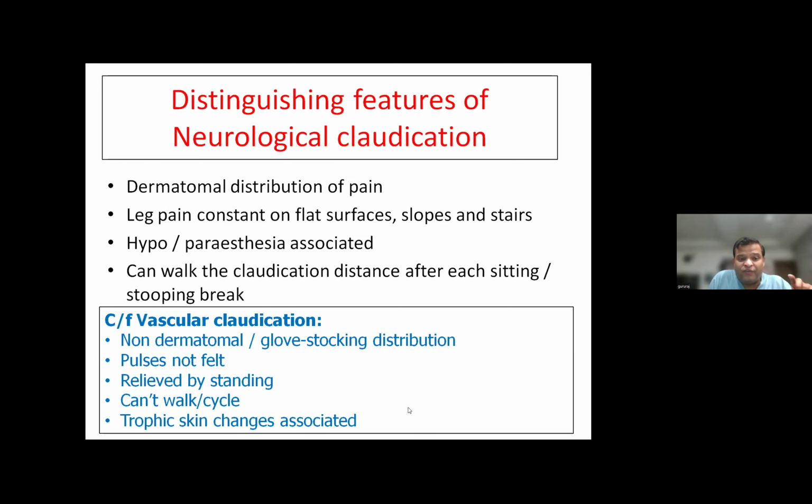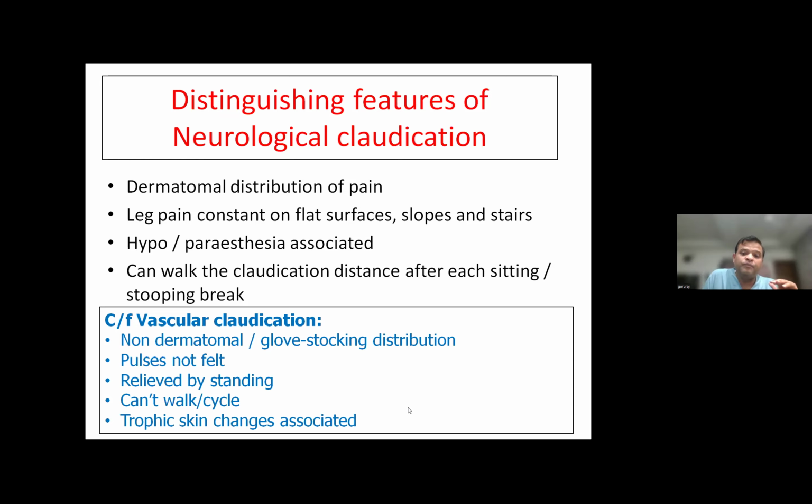So what are the differences? In neurological claudication, it is a dermatomal distribution. Leg pain is constant on flat surfaces, slopes, and stairs, so it doesn't differ.